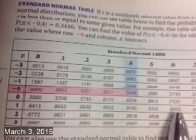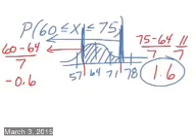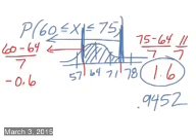What's that number? 0.9452. Okay, so 0.9452 minus. Now we need the negative 0.06. Or negative 0.6, I mean.